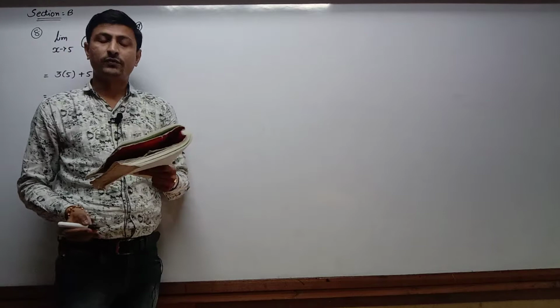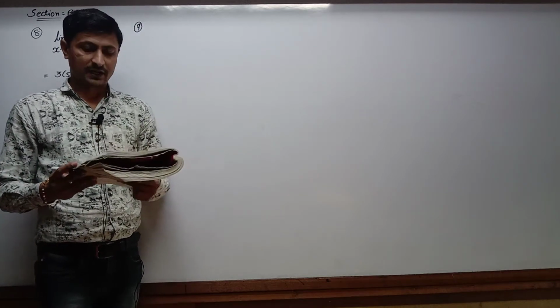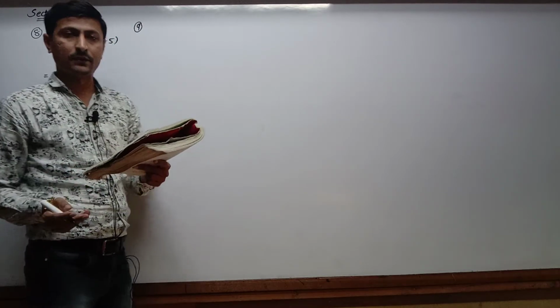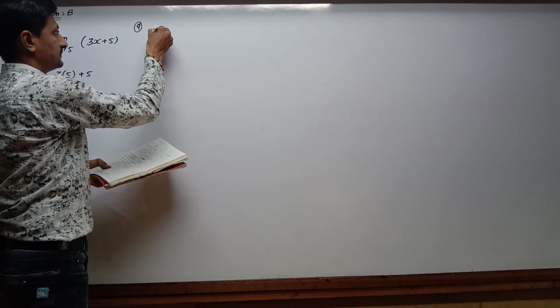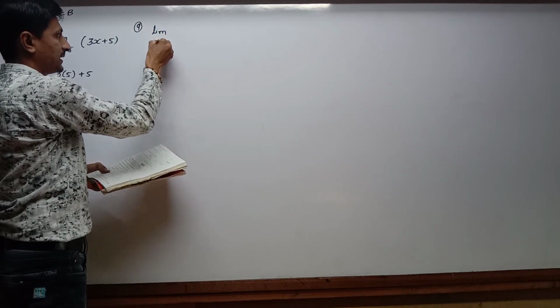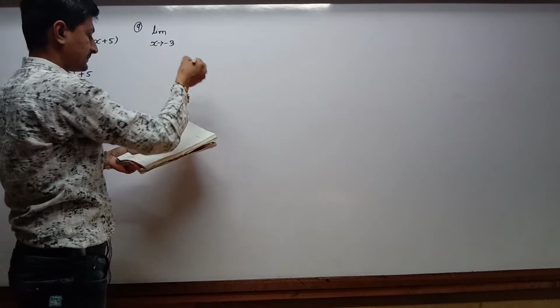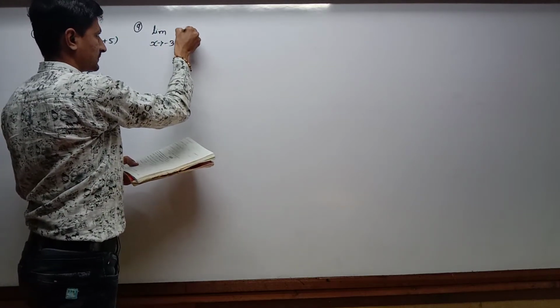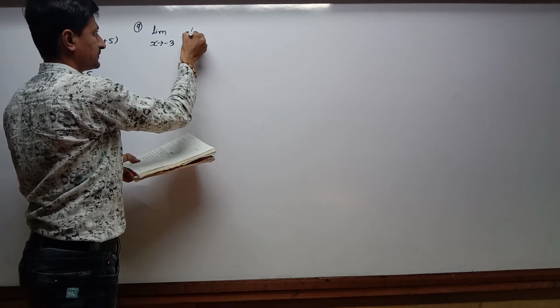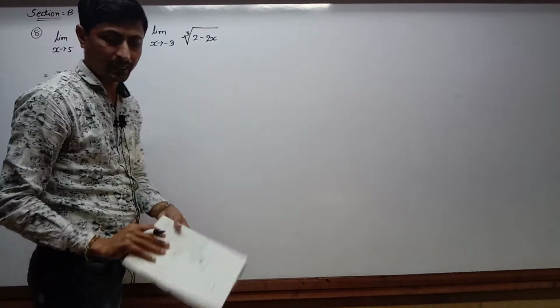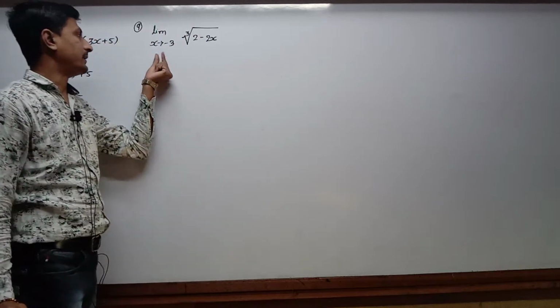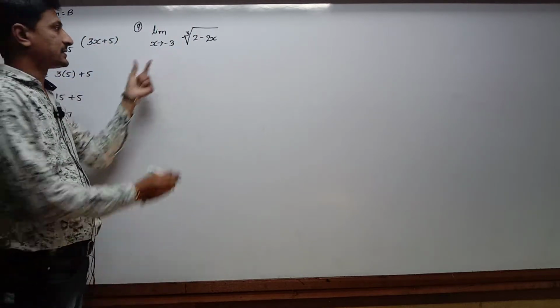Find the value of limit x tends to minus 3 of cube root of (2 minus 2x). First of all, putting the value x tends to minus 3.